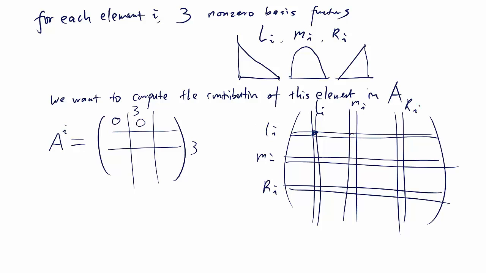This entry is going to be added to here, this entry is going to be added to here, and so on correspondingly. So this 3 by 3 matrix ends up adding onto these 9 entries in the bigger matrix.